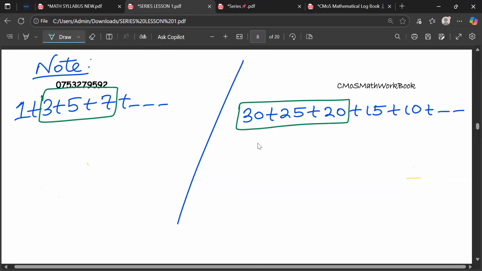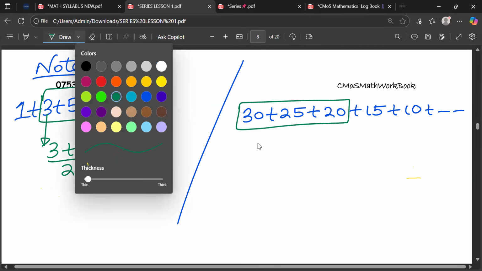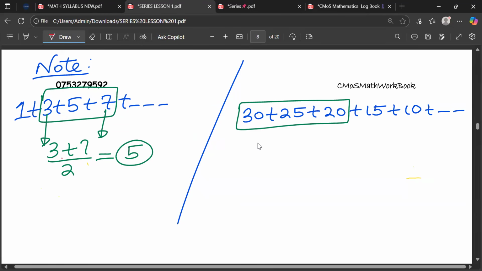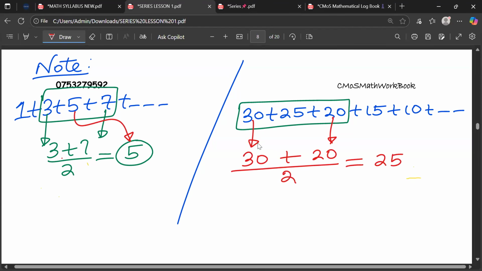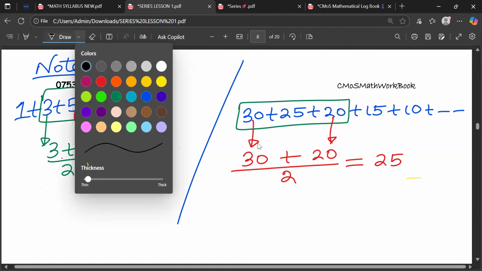Then I'm going to choose 3 and 7, and I say 3 plus 7 over 2. Then I get 5, which was here in the middle. Then I choose this 30. I say 30 plus that 20, I get 50, over 2, I get 25, which is here.